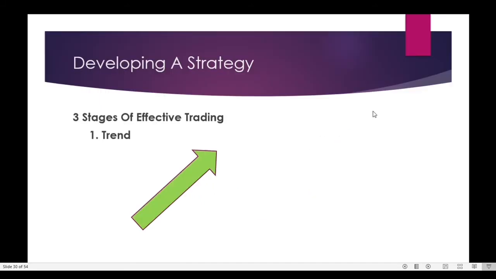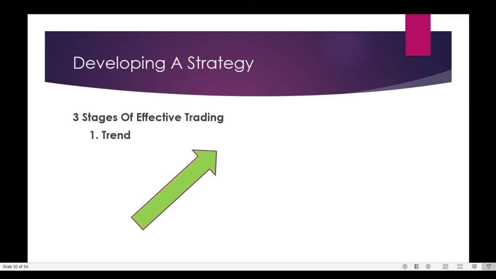Okay. Now, let's talk about developing a strategy. As traders, there are 3 things you want to identify before you jump into a trade. And we're going to go over those 3. Now, number 1, we want to identify a trend.